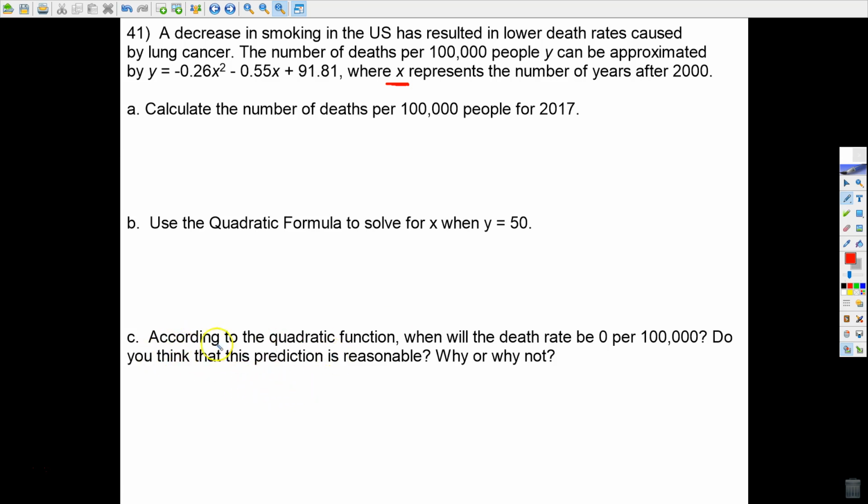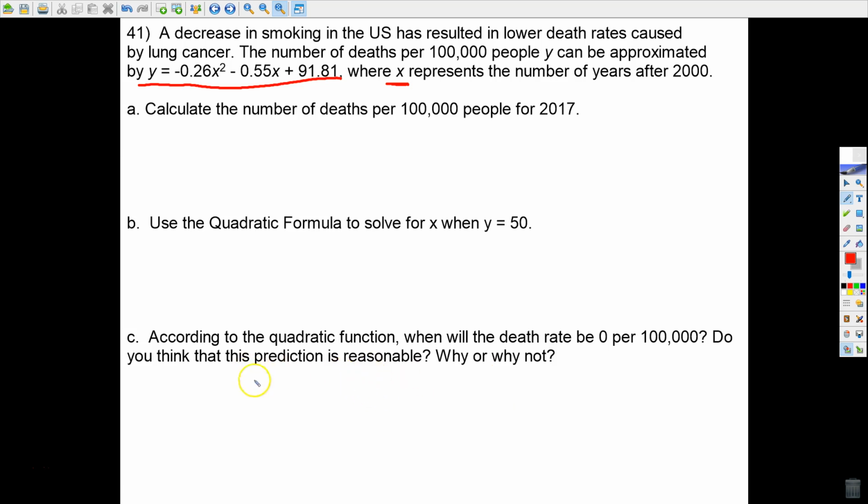And then letter C, according to the quadratic function, here's our quadratic function. When will the death rate be 0 per 100,000? So basically, you're letting y be 0 and solving. And obviously, you're going to get a negative answer, which is not going to make any sense in this context. We can't have a negative year, so you're only going to take the positive answer. And since it is a year, just go ahead and round to the nearest year.